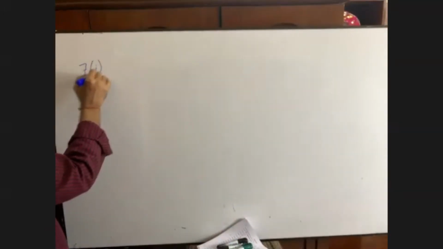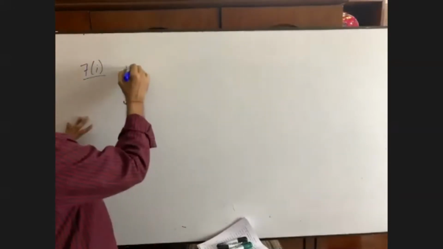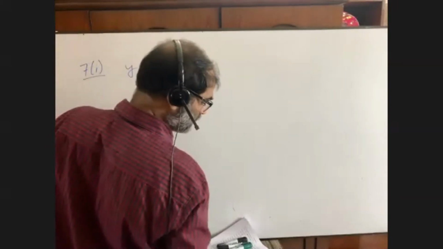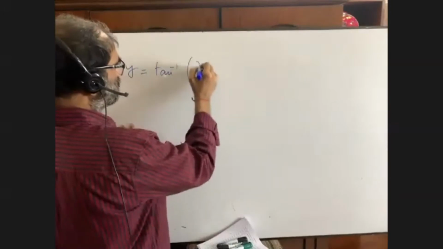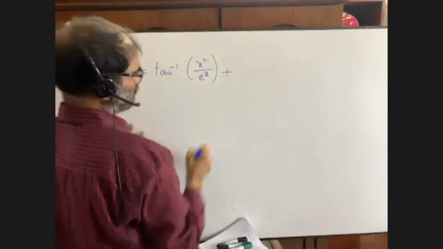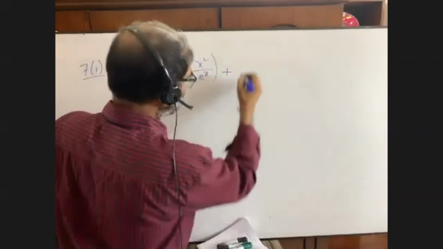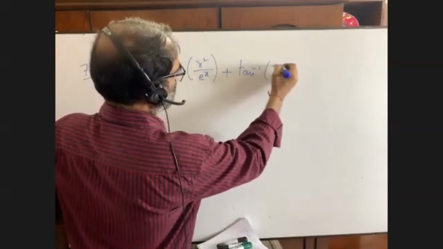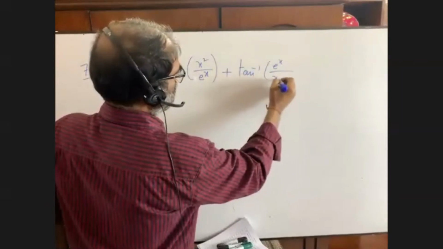Question number 7-1. y equals to tan inverse x square by e^x plus tan inverse. Can you do it?